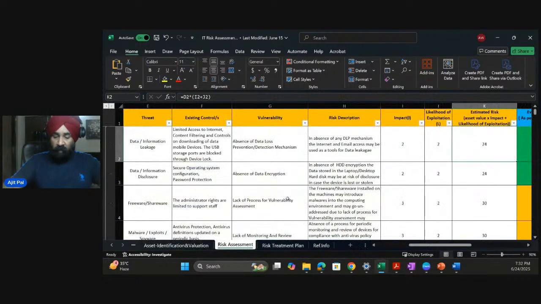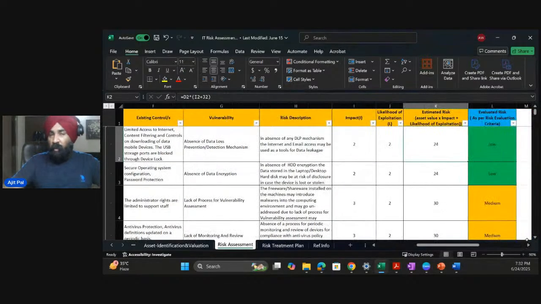Then in the second phase, you find out vulnerabilities and threats, then find out likelihood and impact related to that vulnerability, and then the product of asset value into likelihood into impact will give you the risk value. Based on the risk value, you will take a decision on how to treat the risk, which is the next step, that is responding to the risk.